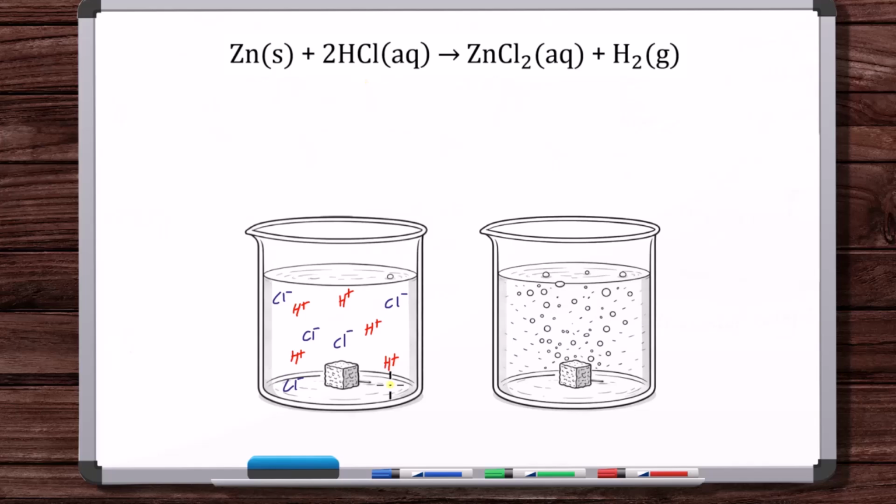Aqueous hydrogen chloride, in principle, is not just the dissolved H+ and Cl- ions, but the solvent as well. So in this case, it's more practical to think about the system boundary as the inner walls of the container, in that it encloses the entire solution, so the inner walls of the container and the surface of the water, to where now the system encloses the entire solution and the solid zinc.